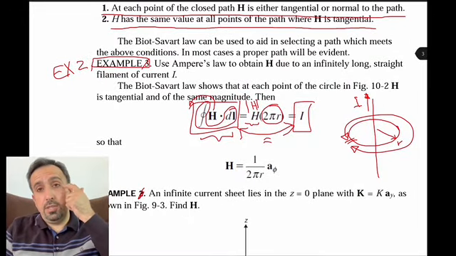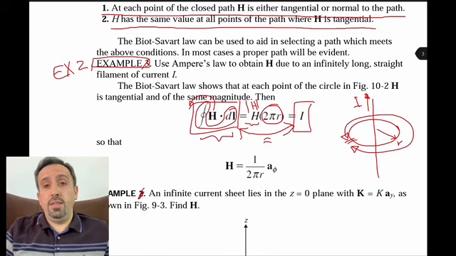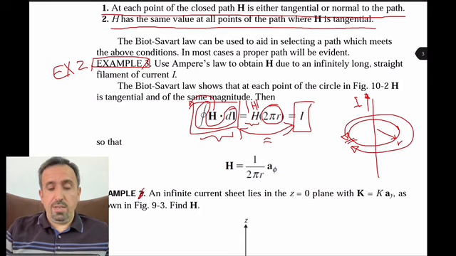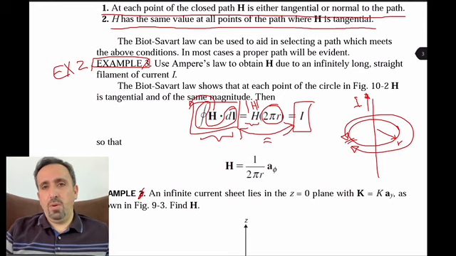Actually, I changed the order of these examples. Why? Because in the reference, this example, which I'm solving now, is discussed before talking about Ampere law, and it is already an application of Ampere law.